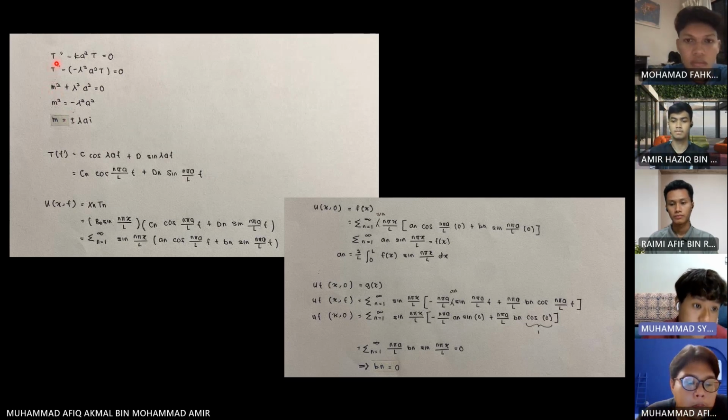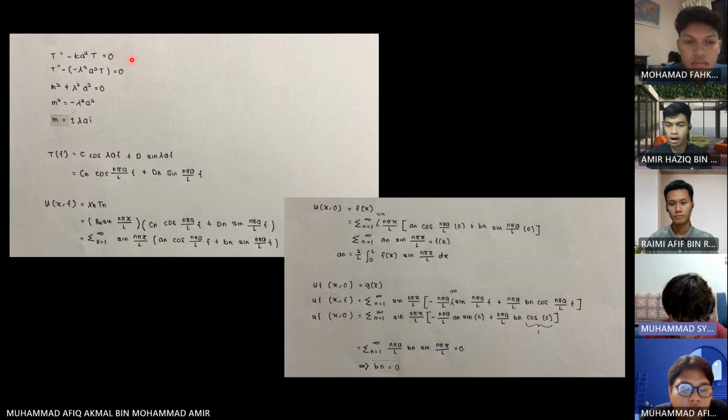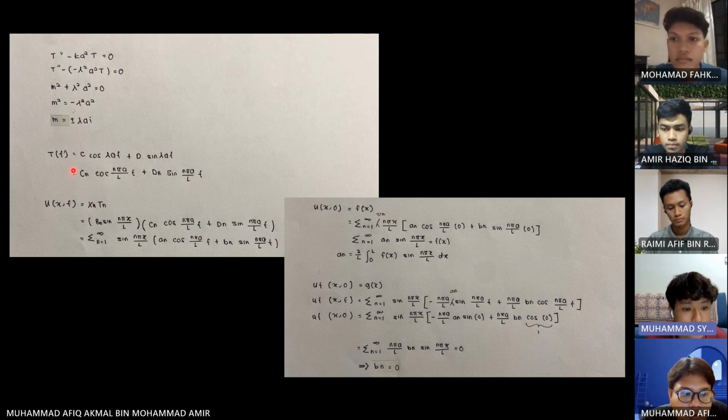And then we go to the next step to find the T_n value. Then we use the formula T double prime minus k alpha squared times T equal to 0. Then we solve the equation and we get the value in the complex number. Then we use the complex conjugate equation and then we get the value of T(t), C cos lambda a t plus B sin lambda a t.